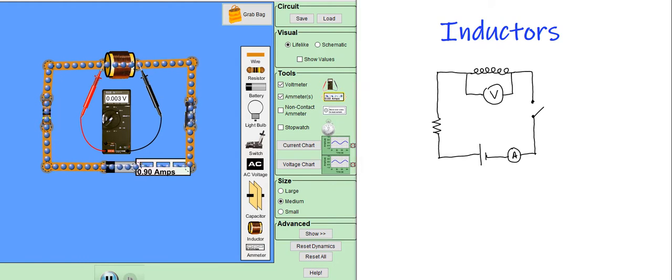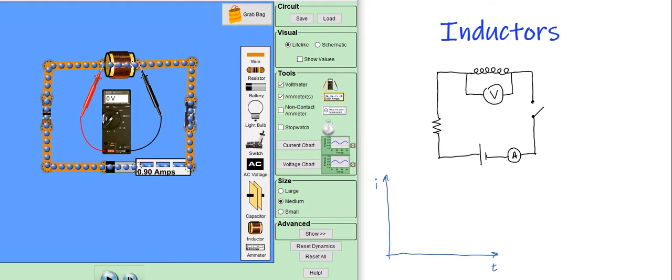So based on this physical observation here, let's just create some graphs of this so we can think about what's happening. So if I make a current versus time graph here, let me go ahead and pause this. We have a current versus time graph.